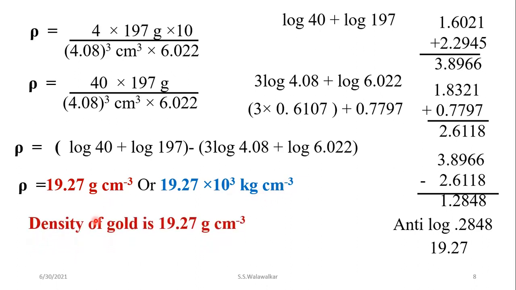Therefore here the density of gold is 19.27 gram per cubic centimeter.